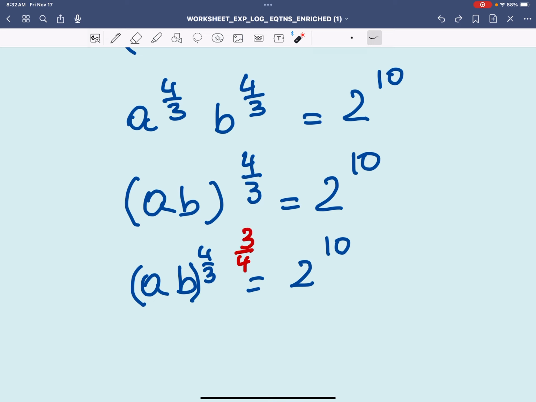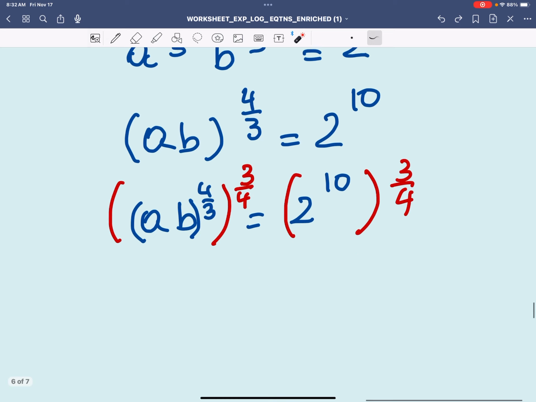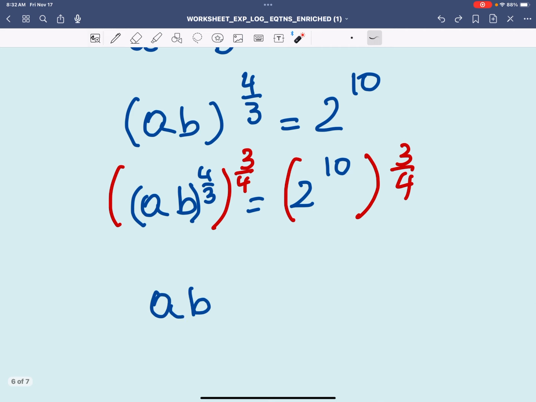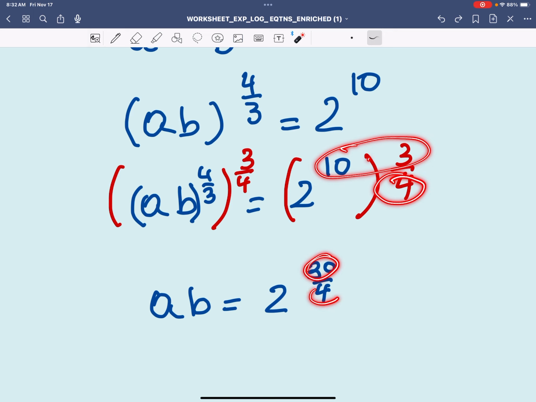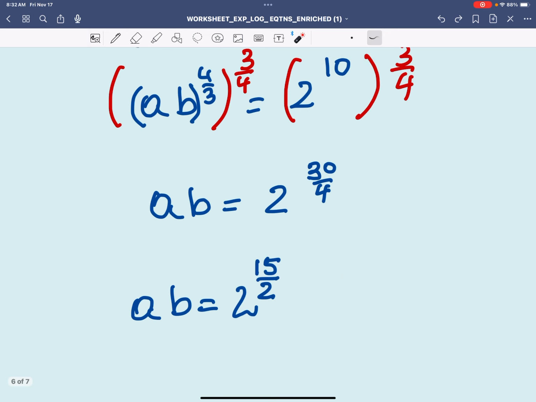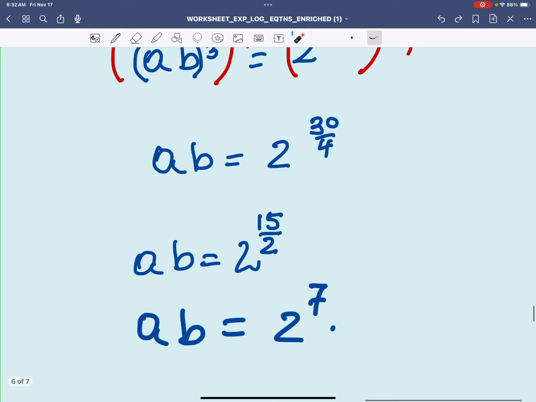Okay, so I'm going to do this slowly. There we go. And now the left side has become a times b, and the right side is 2 to the power of 10 times 3 over 4, which multiplies to 30 divided by 4. And 30 divided by 4 is 2 to the power of 15 over 2, or even better, 2 to the power of 7.5, or 7 plus 1 over 2.